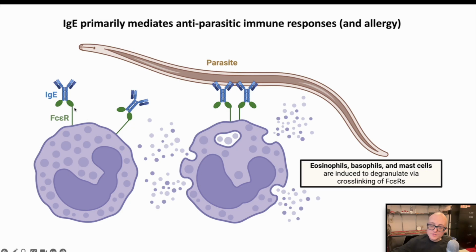And this functions a little bit differently than what we just saw with IgG. These Fc epsilon receptors are so high affinity that they bind to the Fc of IgE, whether or not it is bound to any antigen. So the IgE antibody is usually just sticking off the surface of the granulocyte because it's being tethered by its very high affinity interaction with the Fc epsilon receptor.